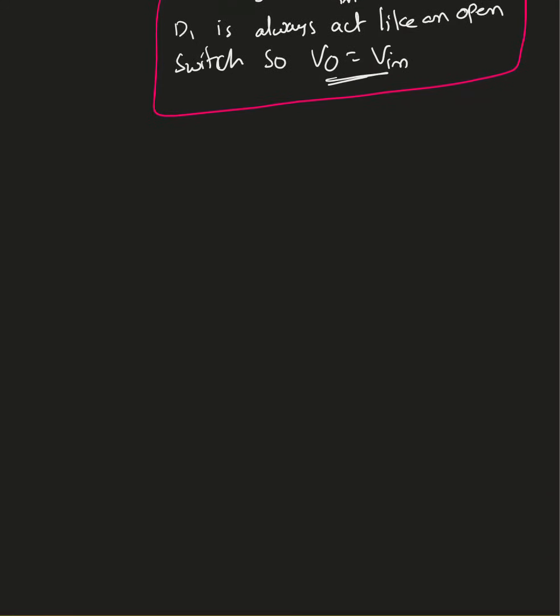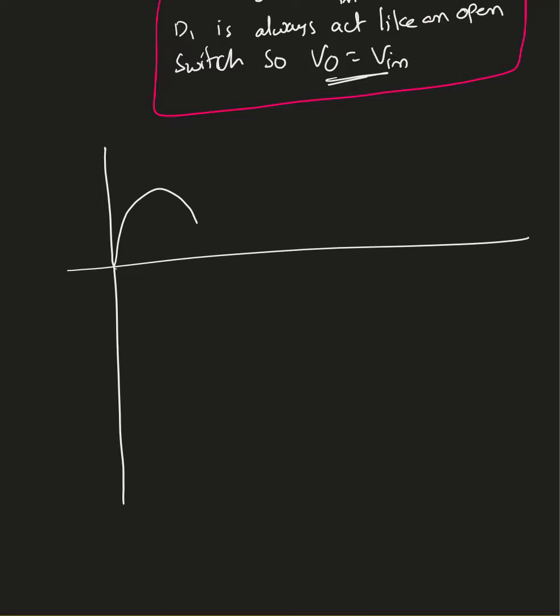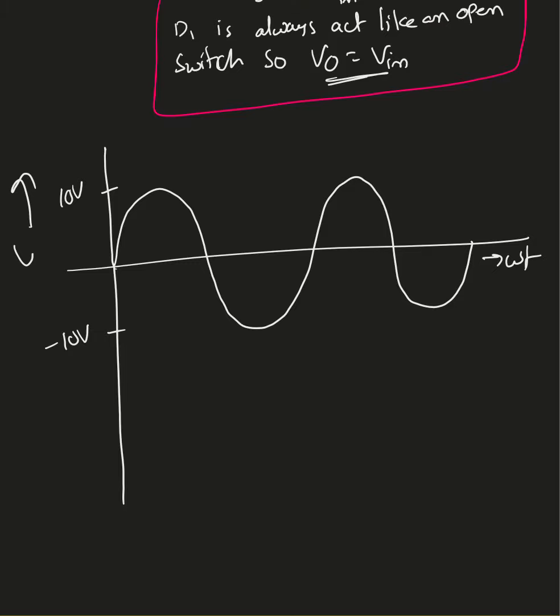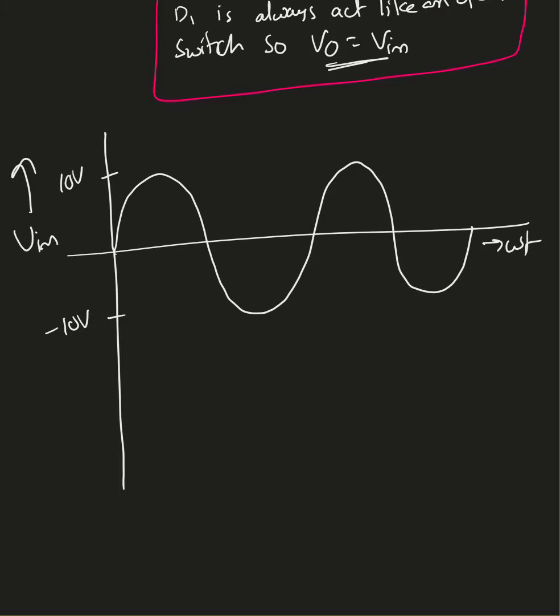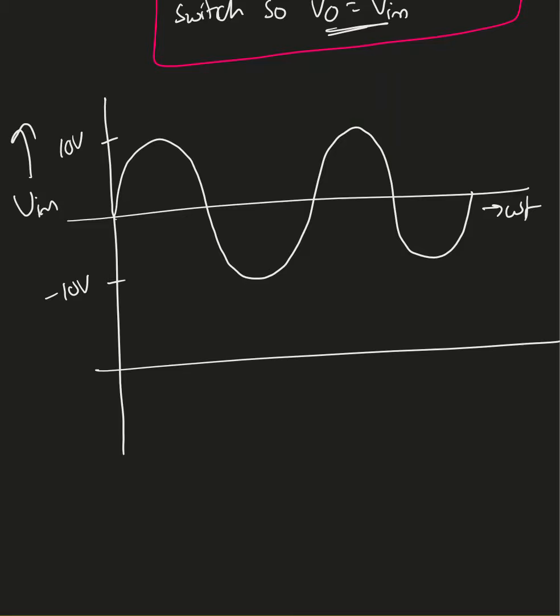If I draw the waveforms, here we have a sinusoidal input, varying from plus 10 volts to minus 10 volts. That's omega t, and this is Vin. Now my V out is going to follow V input until 7.5.